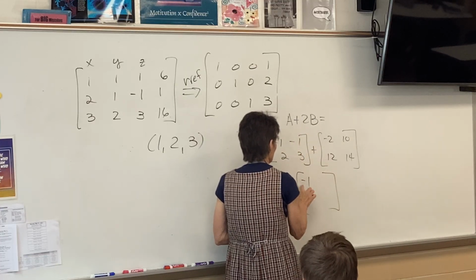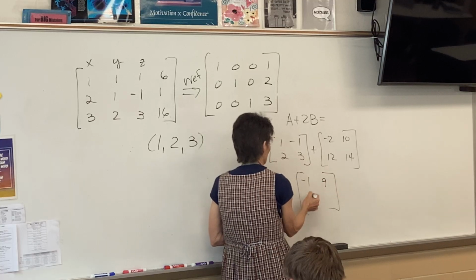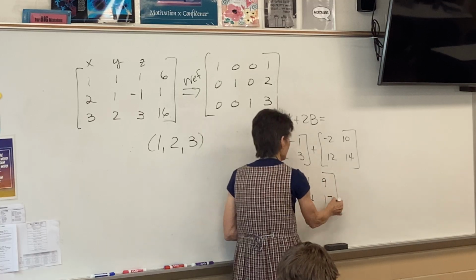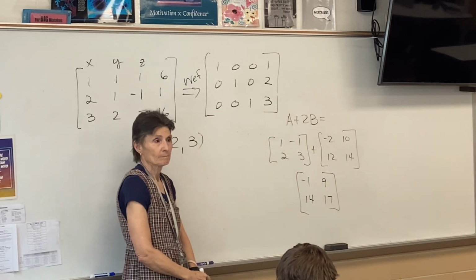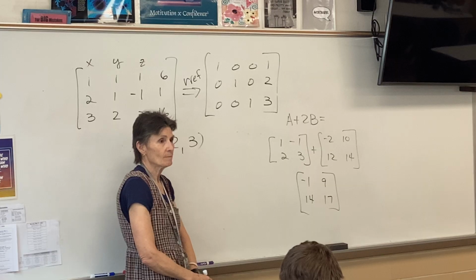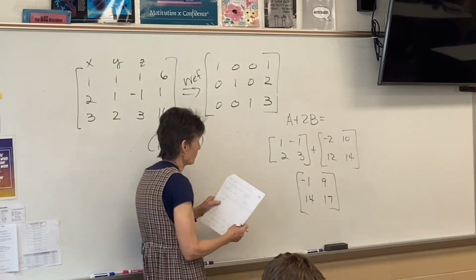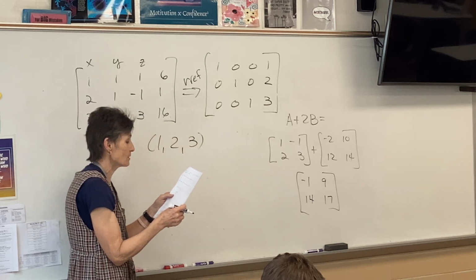So negative 1, 9, 14, and 17. Everybody okay? We don't want to lose points on those kinds of problems. Are we good there? Is that just the answer? That's the answer.